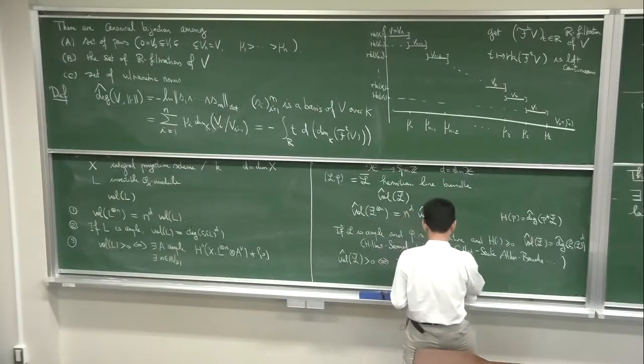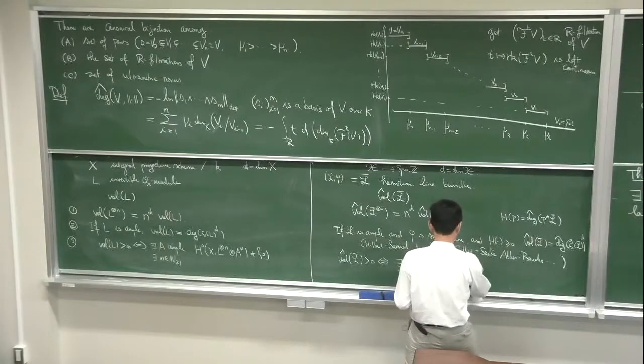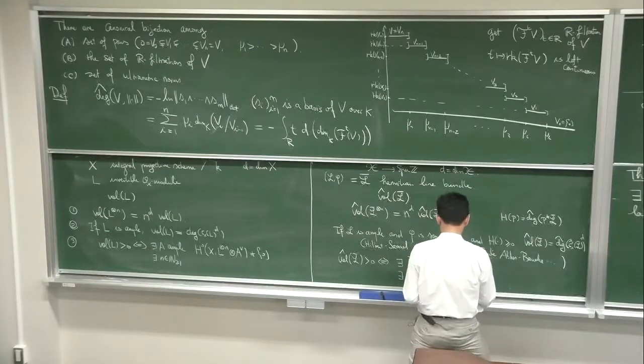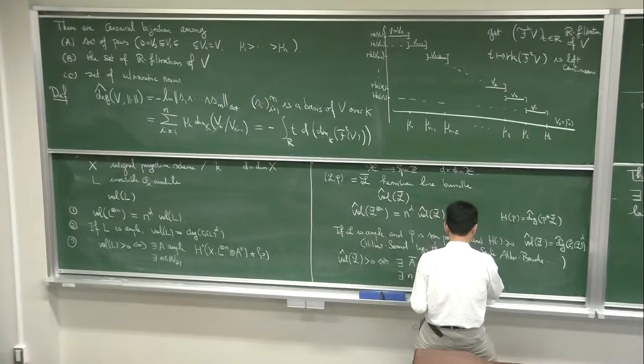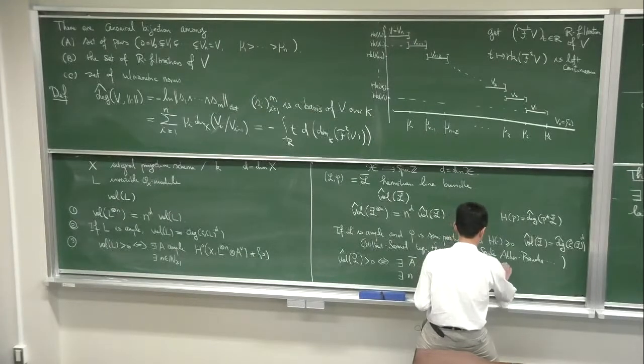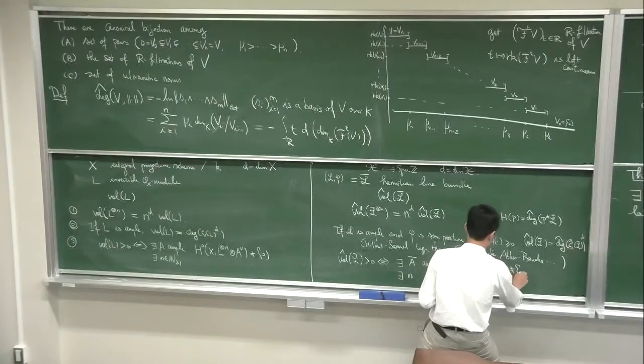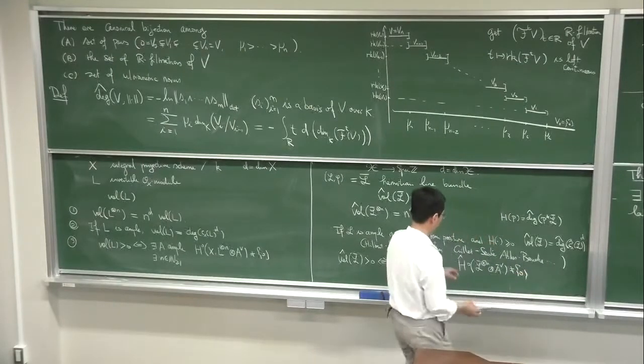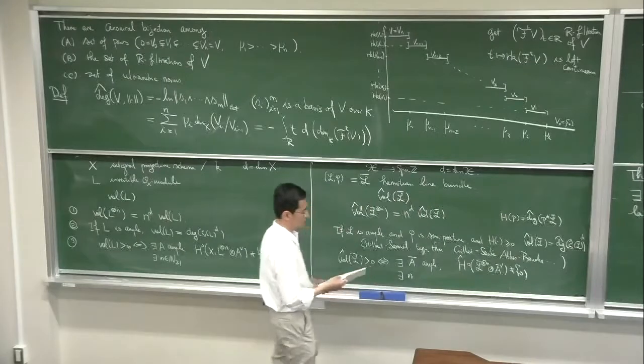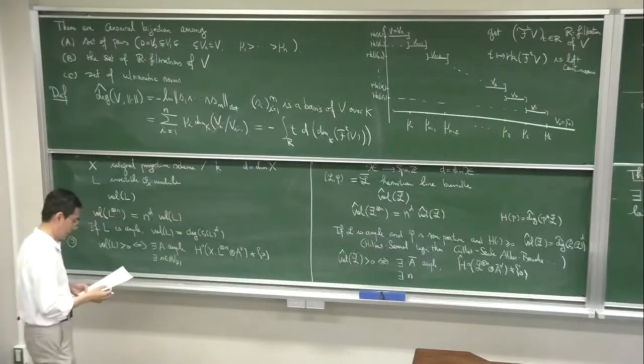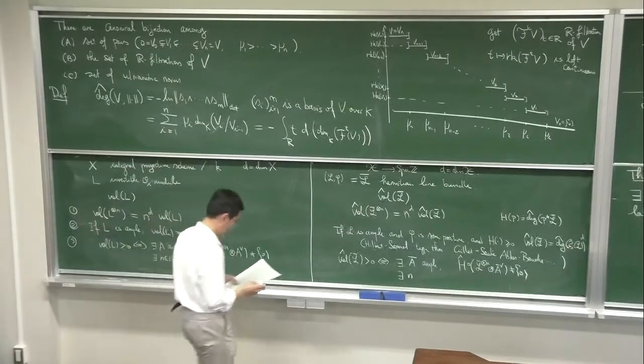You can find some n such that h0 hat of L to the power n tensor A dual is not 0. Namely, in such a lattice you find some non-zero lattice point in the unit ball.